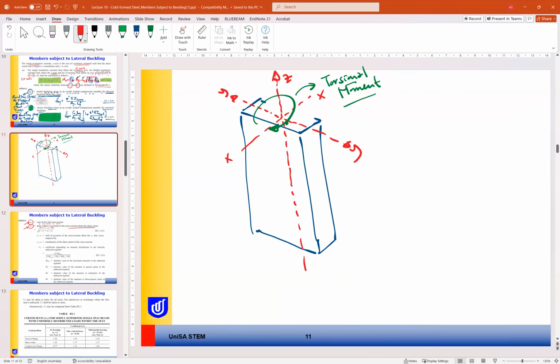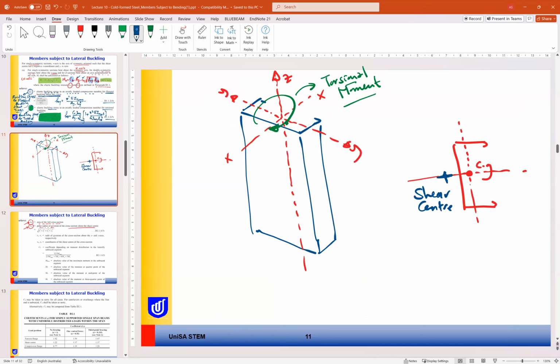Again, if we look at the cross section of the channel, here is the CG, somewhere here, and we have another center which is somewhere here, which we call the shear center of the channel.